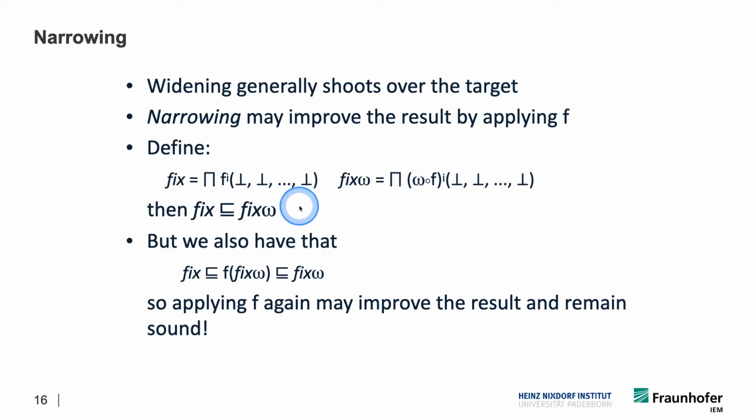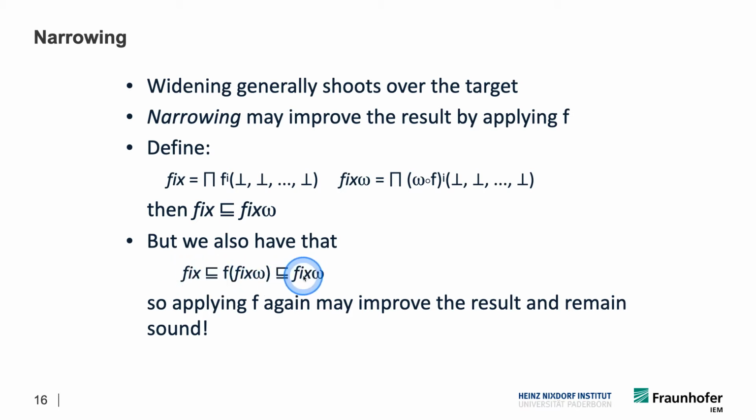If you do that, then basically we have this guarantee that the original fixed point is definitely more precise, or smaller, than the fixed point omega that we defined that way. But what's interesting now is that if you apply f to this fixed point again, so that's this definition here, then this is guaranteed to be in the middle between these two.